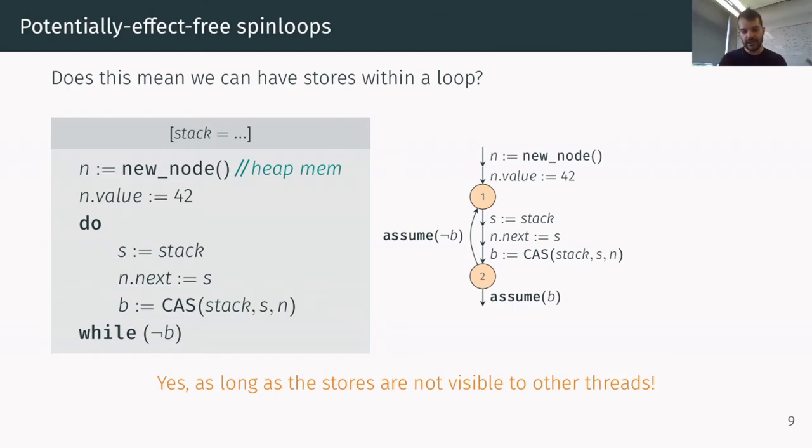In this case, this store is, of course, not visible to other threads, because this has been newly allocated by the thread trying to push something to the stack, and it hasn't been connected to the stack itself, so other threads cannot see this. So if we dynamically check that stores within a loop are not visible to other threads, then we can still do this dynamic spin assume transformation, and soundly bound loops like this one.